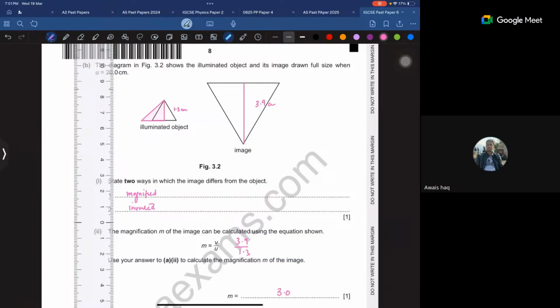So it's 3 times larger. Okay, then my buddies, let's go to next. This was pretty easy.